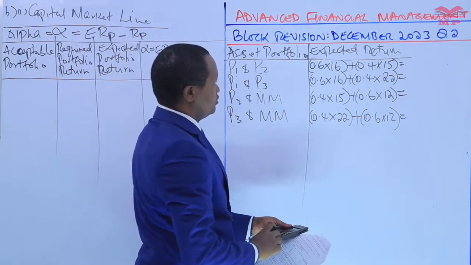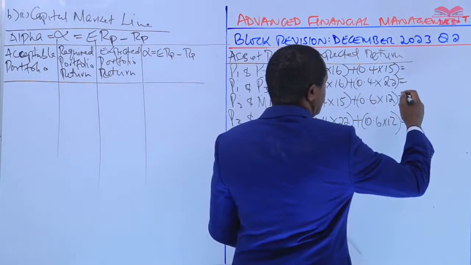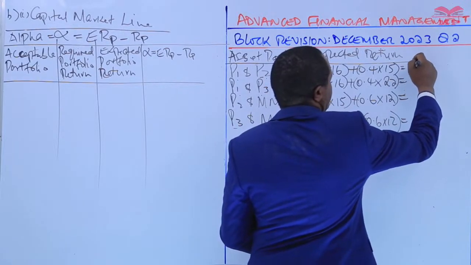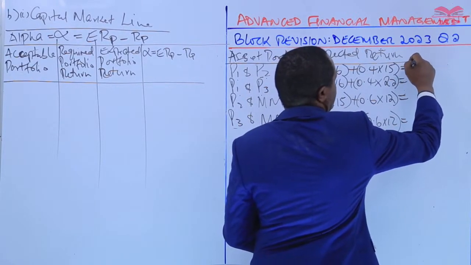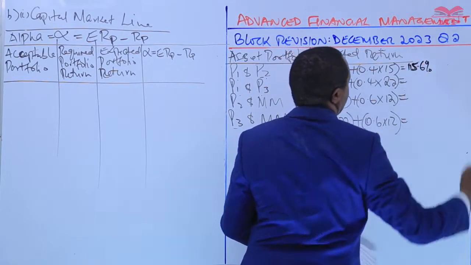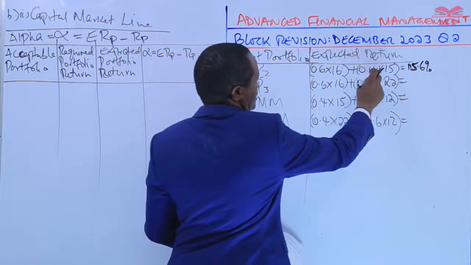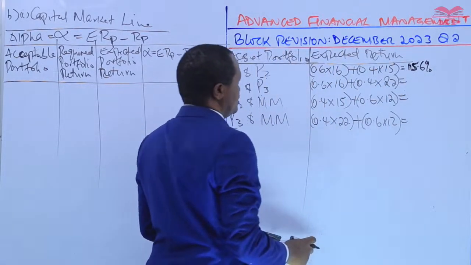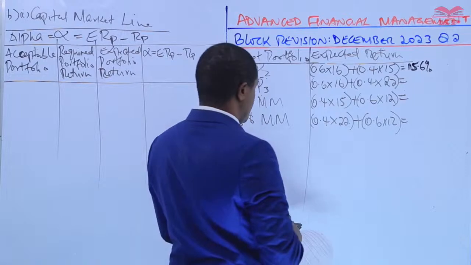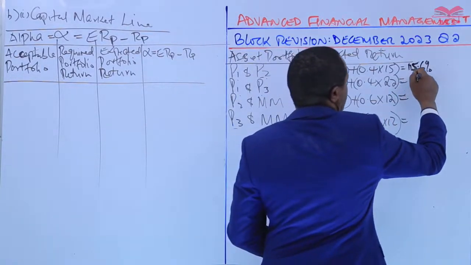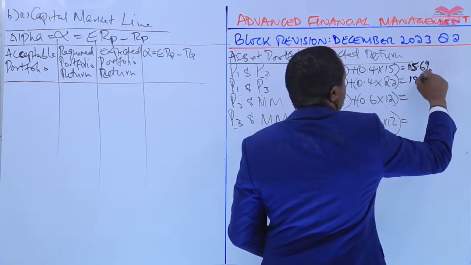So the first return here is 15.6%. Convert it into percentage. Next, 18.4%.